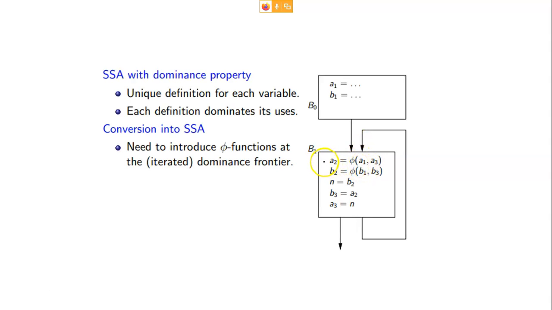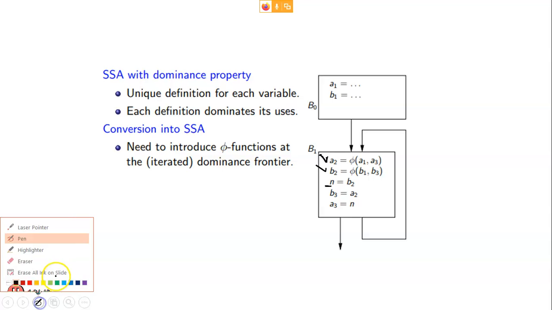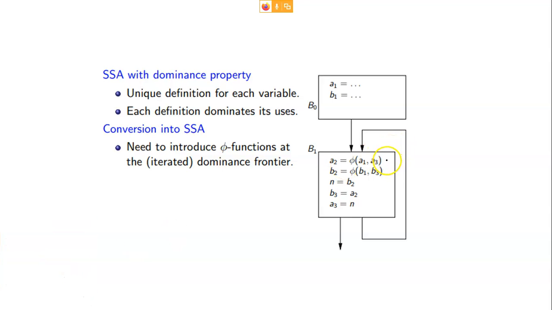You can separately take one more variable a2 and one more variable b2. This a2 will take phi a1 comma a3, and this b2 will take phi b1 comma b3. Now an can be assigned b2. It is a small thing you need to take care of. Basically, we make a separate statement for the phi function.